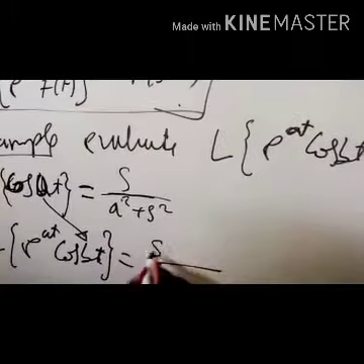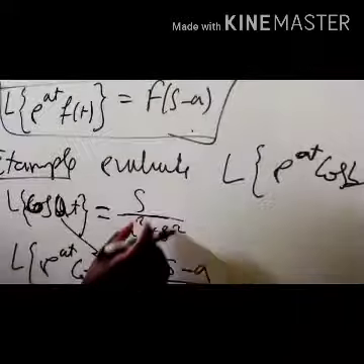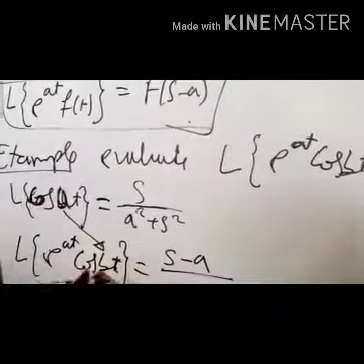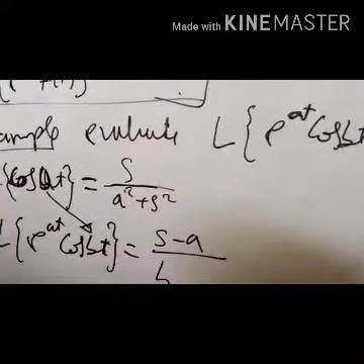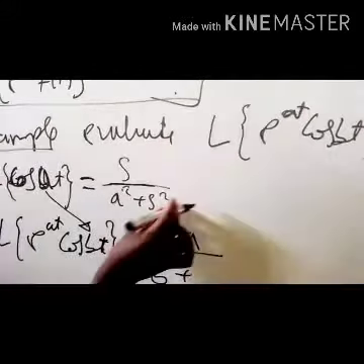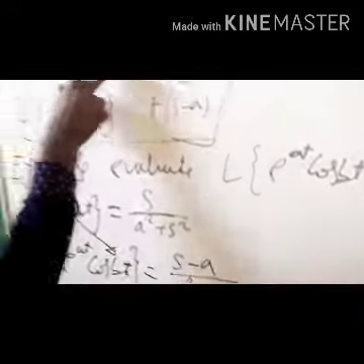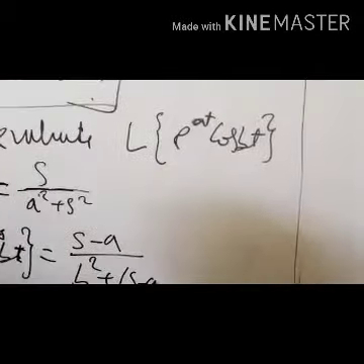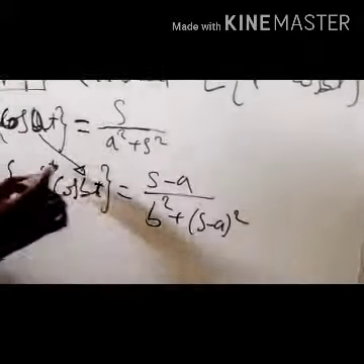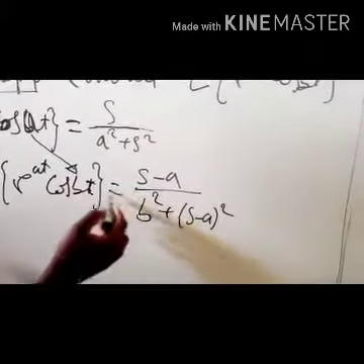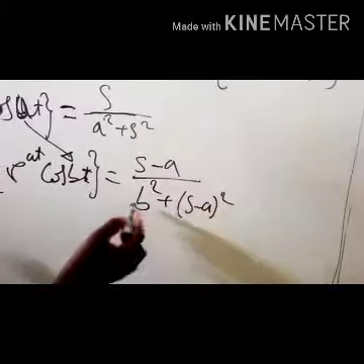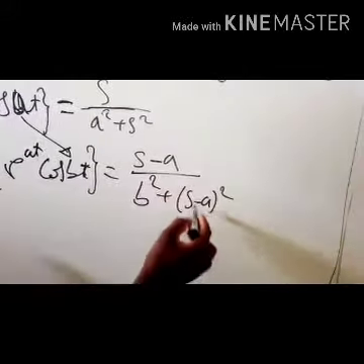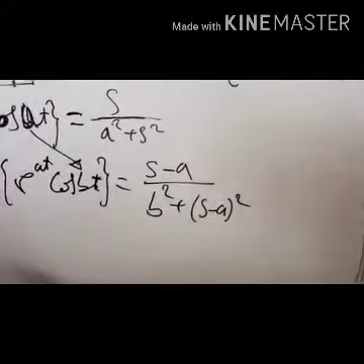It must be equal to (s − a) divided by b² plus (s − a)². This means the transform of e^(at) cosine of bt is equal to (s − a) divided by (s − a)² plus b².